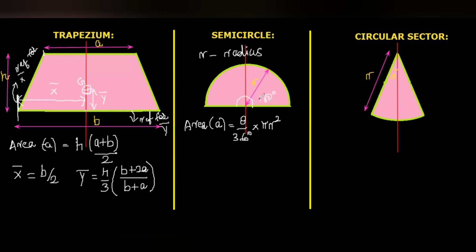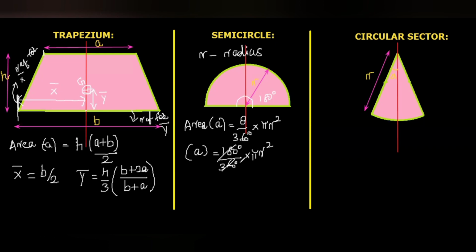Here theta made by the semicircle is 180 degrees. So area will be 180 degrees divided by 360 multiplied with pi r square.